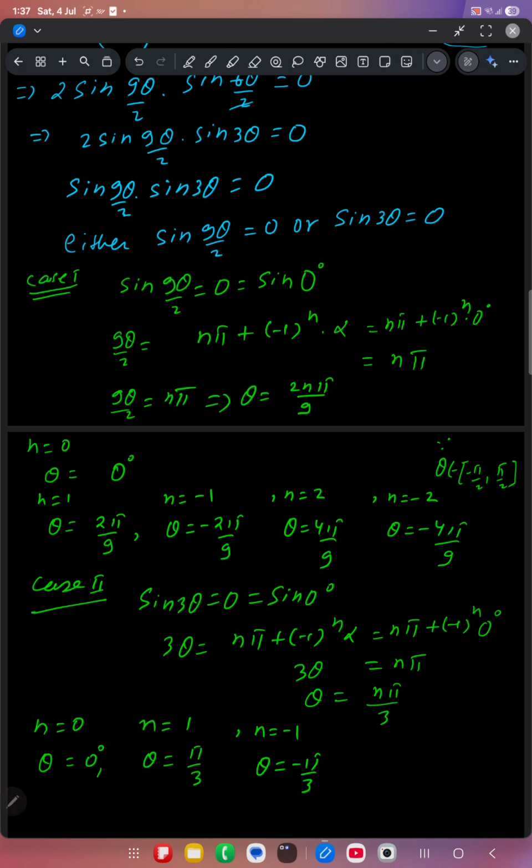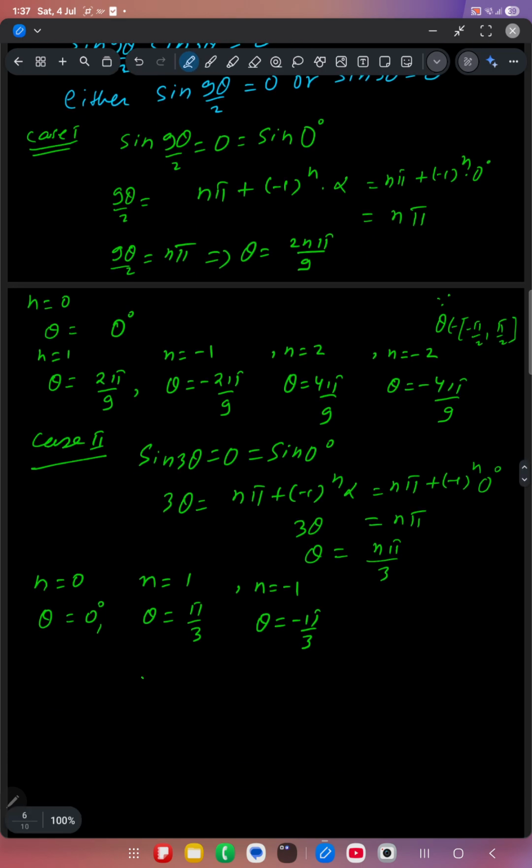So altogether we have 7 solutions possible in this interval minus pi by 2 to plus pi by 2.